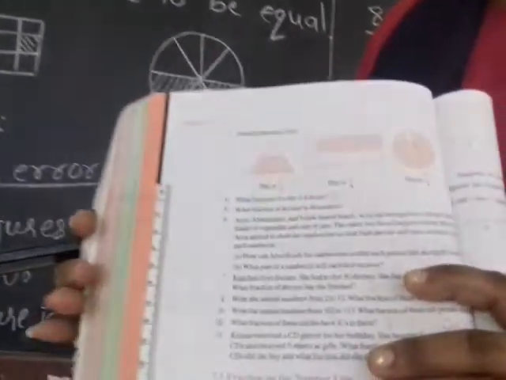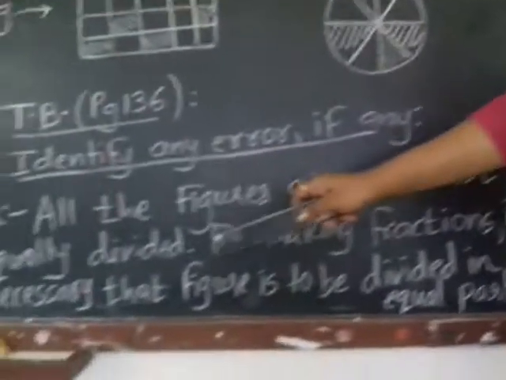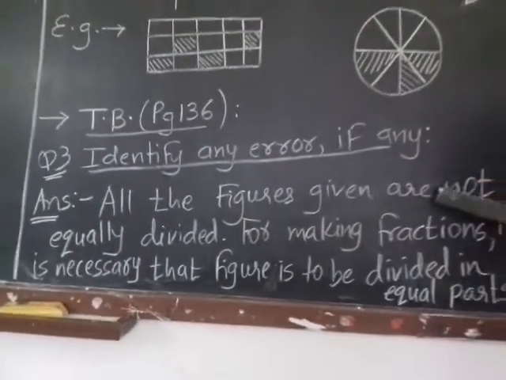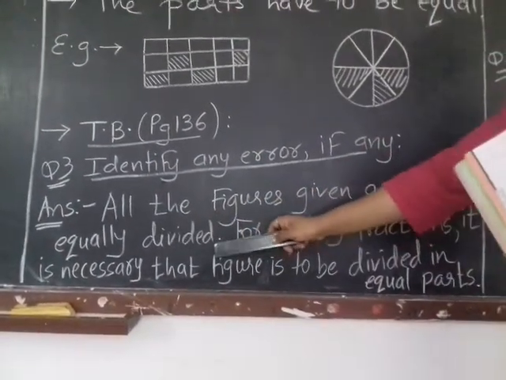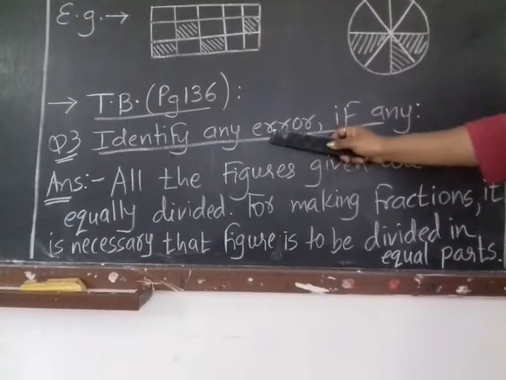There are 3 diagrams given and you have to identify any error in these diagrams, but in fact all the 3 diagrams have an error. The answer is that all the figures given are not equally divided. This is the reason why all the 3 diagrams have errors.